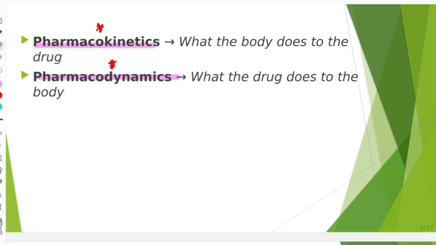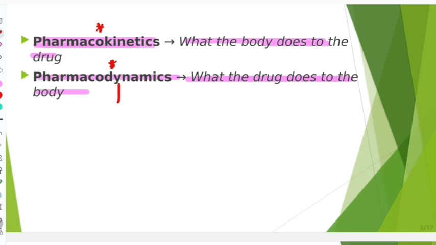See, pharmacokinetics നമ്മൾ ഇപ്പോൾ പഠിച്ചേ ഉള്ളൂ. That is what the body does to the drug. That is, there is absorption of drug happening, distribution, metabolism, excretion. അതാണ് pharmacokineticsൽ നമുക്ക് പഠിക്കാനുള്ളത്. Pharmacodynamics means what the drug does to the body. What do you mean by that?